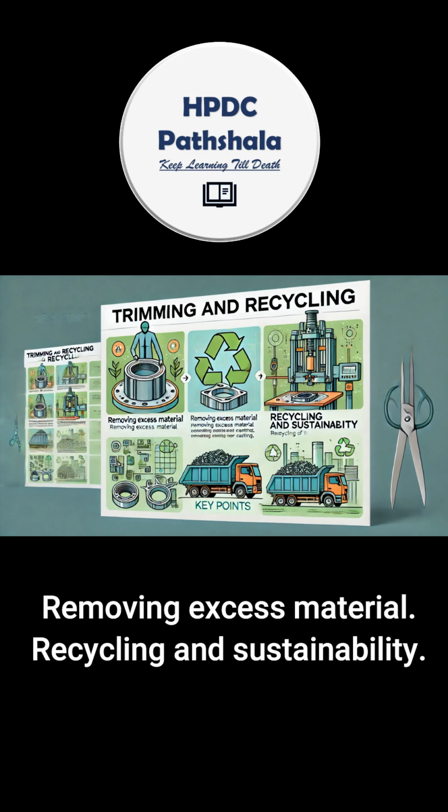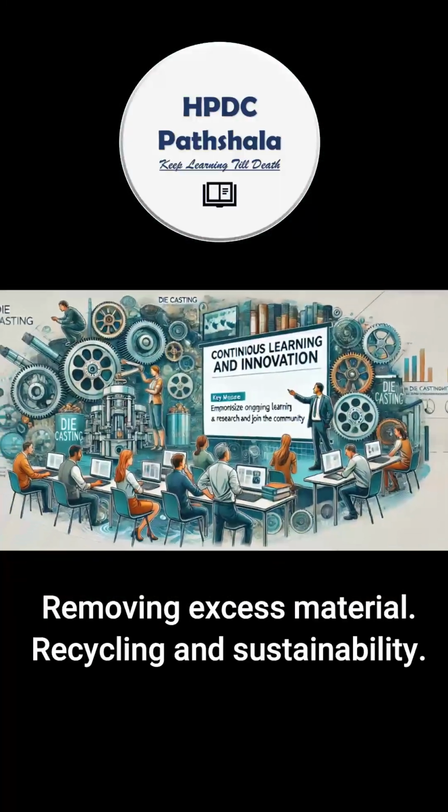Sometimes the die casting operator is responsible for managing the trimming press as well, or they may transport the casting to another operator for trimming. This decision often depends on the specific type of casting being produced.